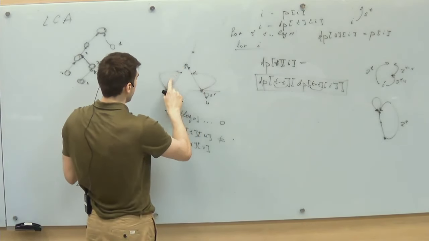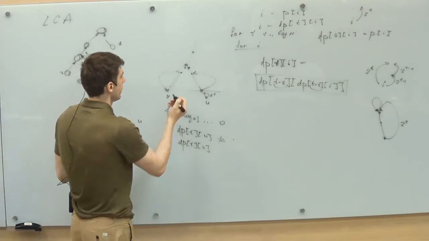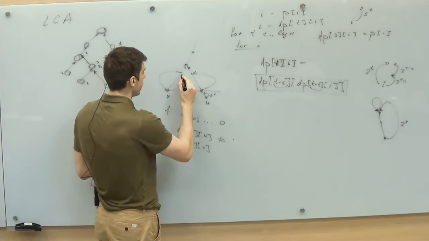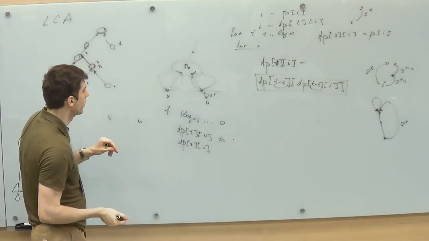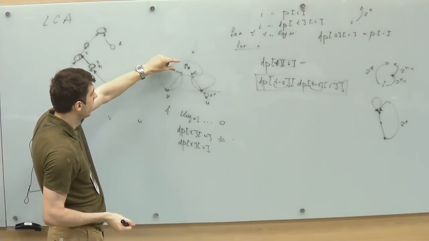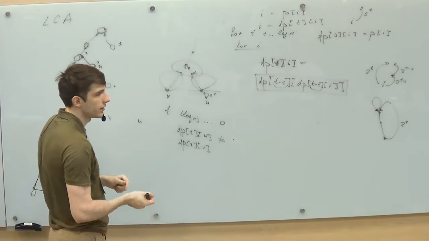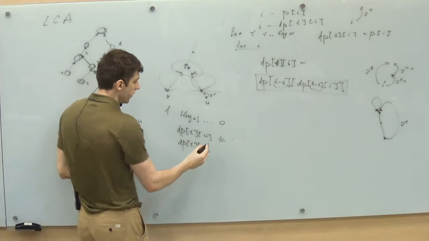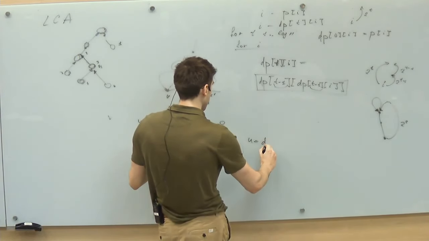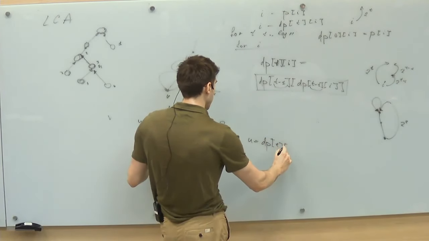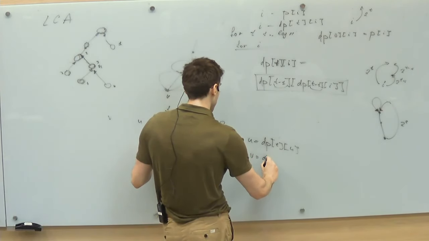And in this case, we can reduce our problem to the same one. So if we just translate the pointers and be here, we will have the same problem, right? But we know that we have decreased the length from the vertices to their lowest common ancestor at least in 2 times. So if this condition holds, we can just move this vertex here, and we do the same for the second.